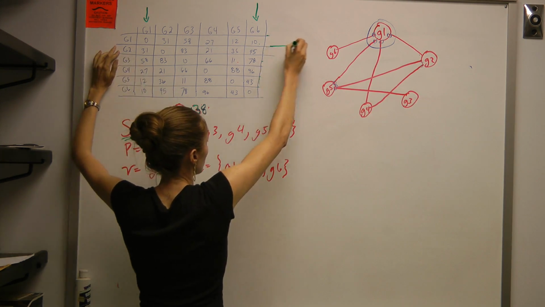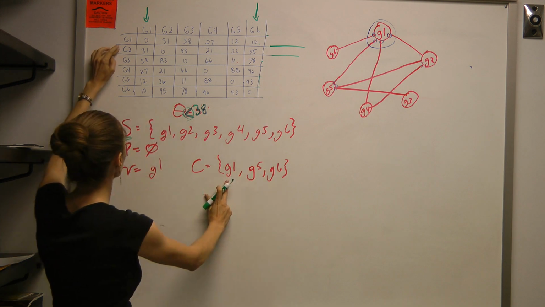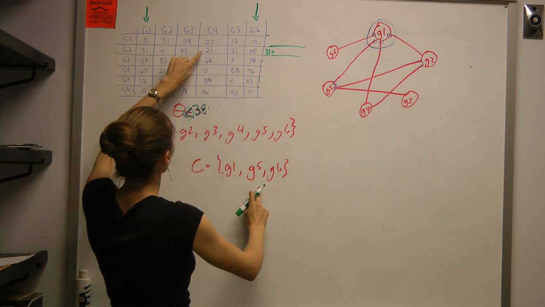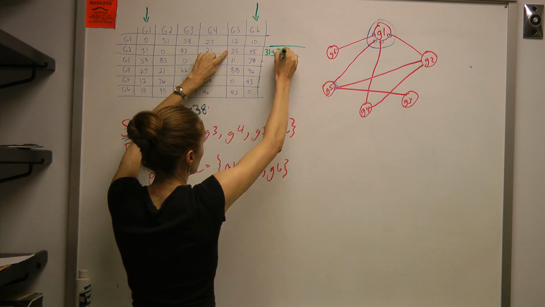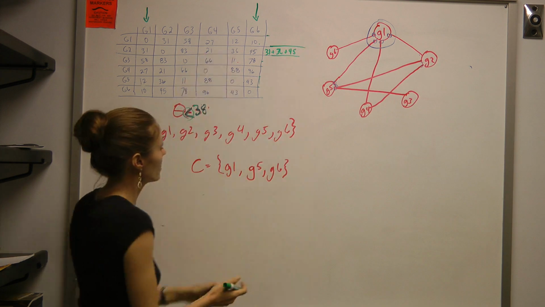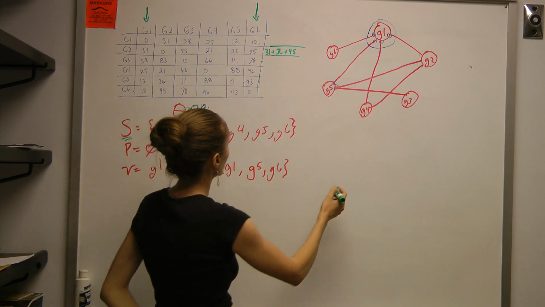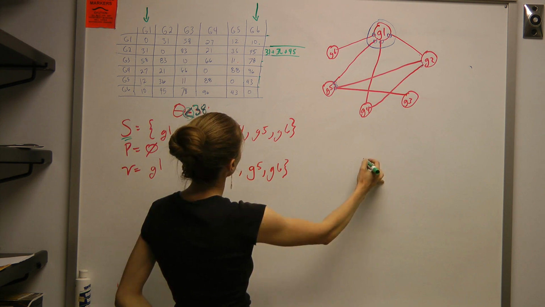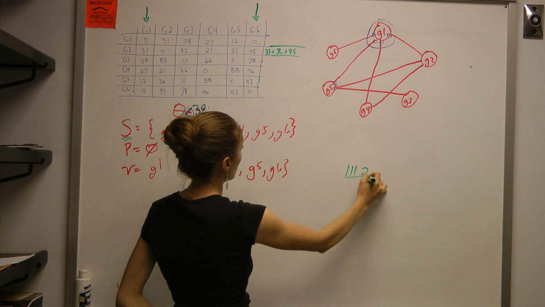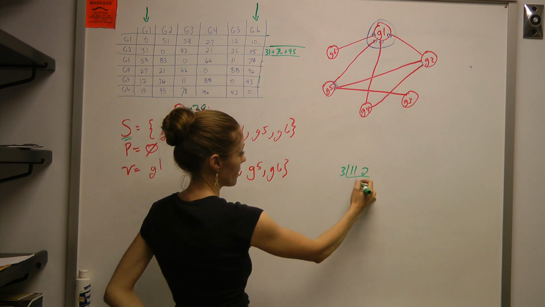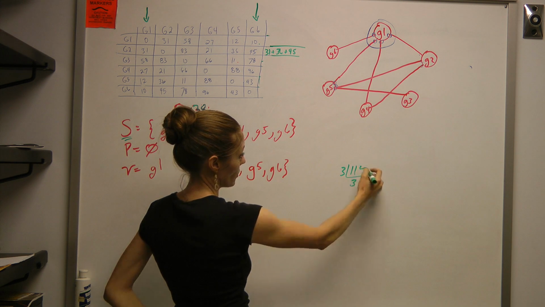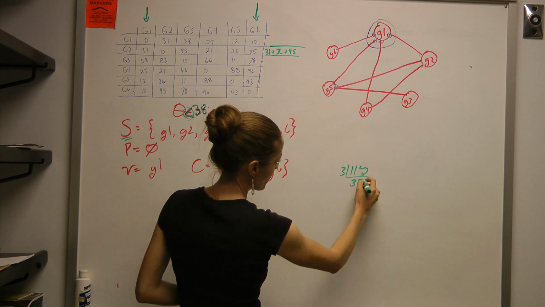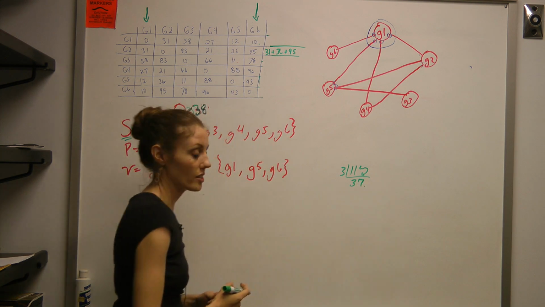So for G2, we check G2 against G1, G5, which is 36, and 45, which would be 112 divided by 3. Yeah, the 3 carry the 2. So it's going to be 37 point something, which is under 38.